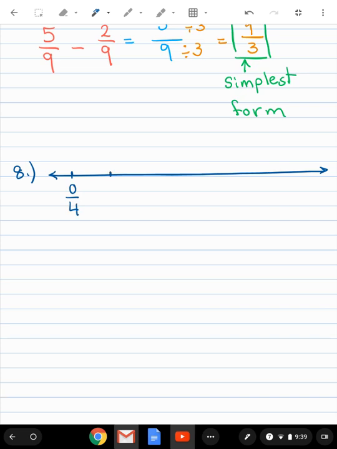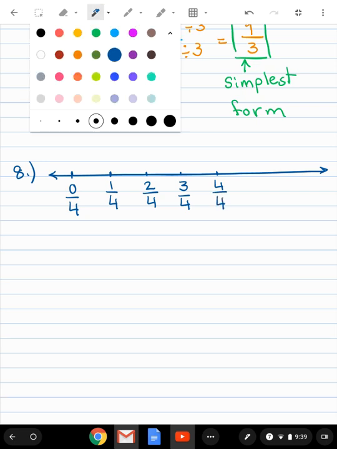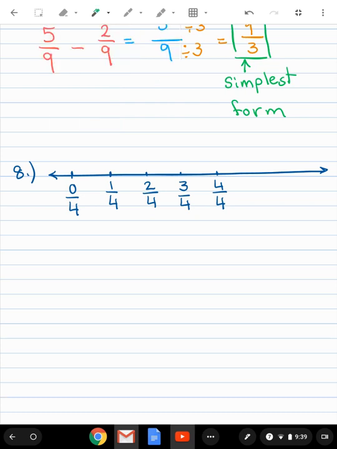Then we have 1 out of 4, 2 out of 4, 3 out of 4, 4 out of 4. What is our subtraction sentence? We have 4 out of 4 minus 3 out of 4. I want to get the answer.